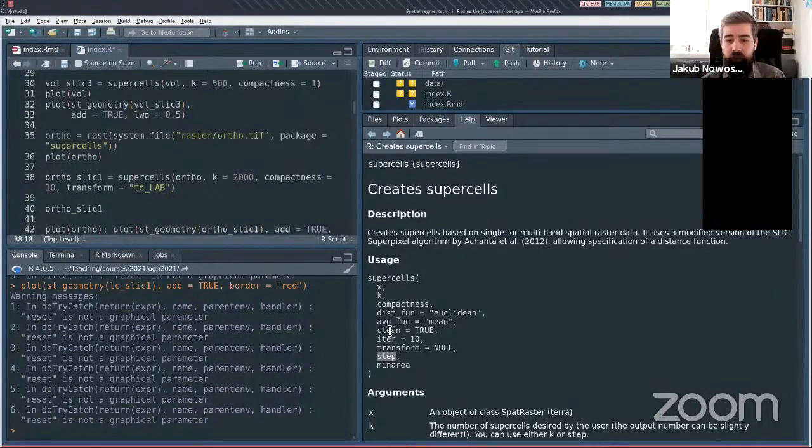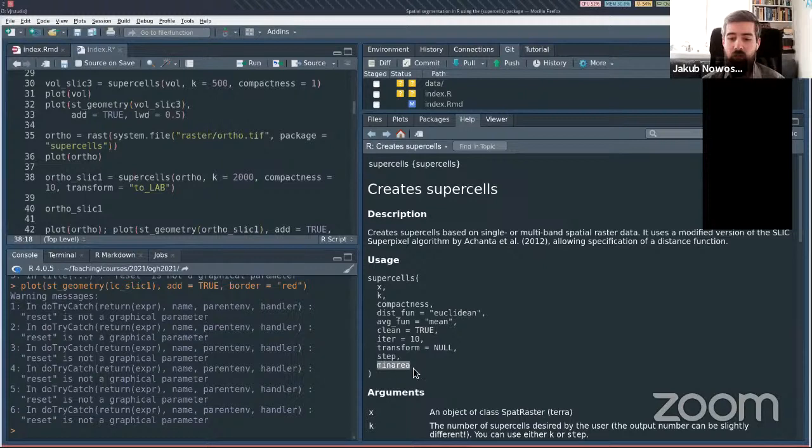By default, there is an argument called clean, which equals true. So by default, we are applying this cleaning process at the end, but you have two options. The first option, of course, is to just get rid of it and say, I don't want cleaning, I will do that myself. So you can just change that to false.